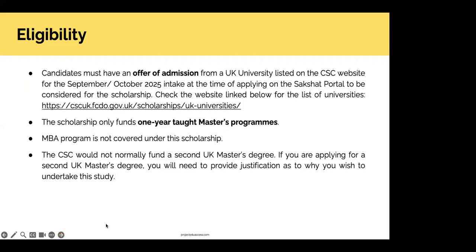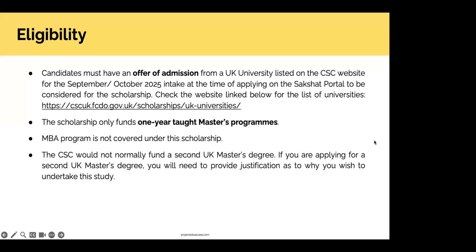We can move on. So further eligibility requirements are that the candidate must have an offer of admission from a UK university listed on the CSC website for the September-October 2025 end date at the time of applying on the Sakshat portal to be considered for the scholarship. So you will learn about the application process in much more detail later in the session, but please note that this criterion is not for the first round in this application process when you apply on the CSC website.